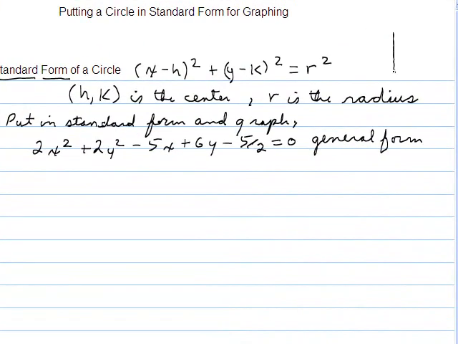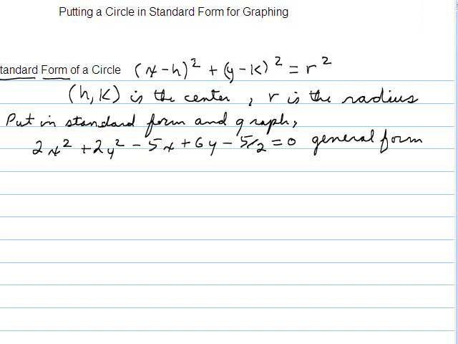If I had a graph here and I knew the center was here and I knew the radius was that long, then I would just put that radius around there and bingo, I'd be finished with my graph. That would be really easy and I wouldn't have to deal with this monster formula. So our job is going to be to get this ugly equation into this very neat standard form.